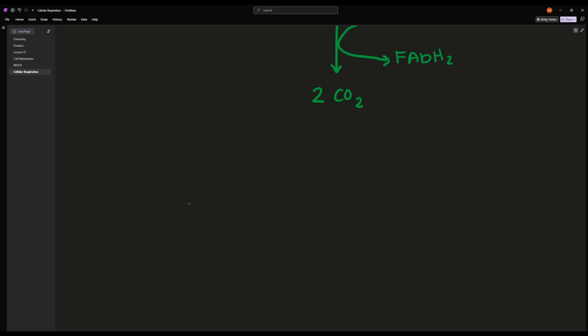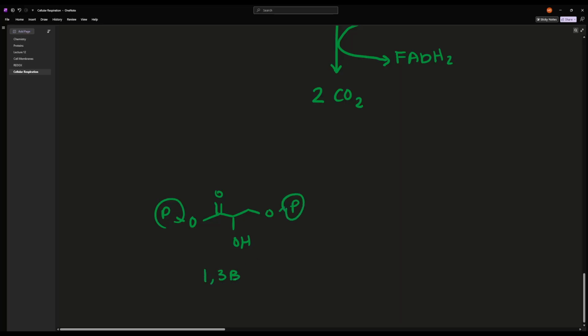Let's do phosphoenolpyruvate. Actually, no. I'm going to do 1,3-bisphosphoglycerate. Okay. This here is 1,3-bisphosphoglycerate.